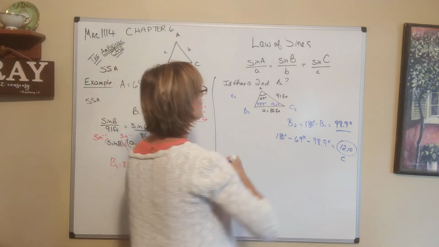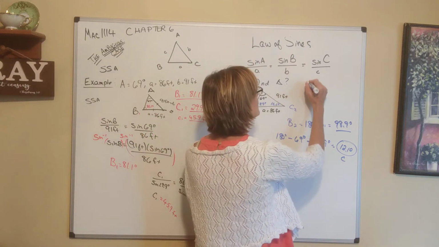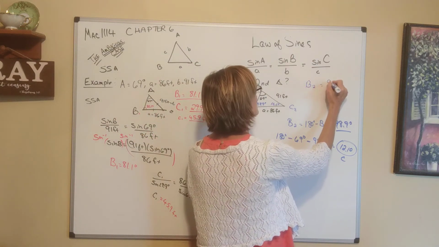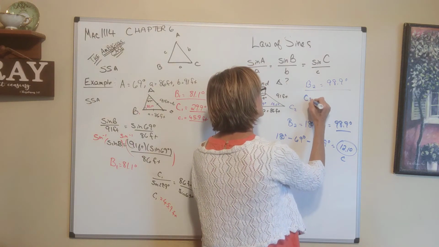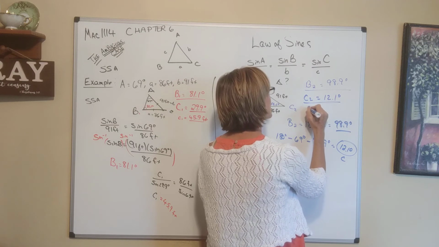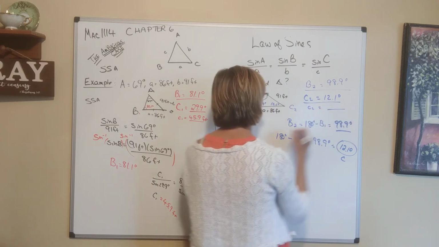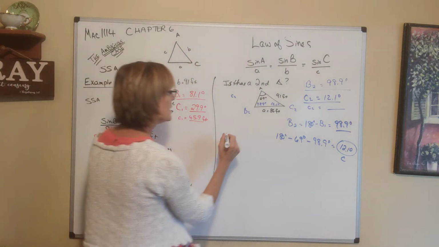We needed to discover what B2 was. We figured that out. B2 was 98.9 degrees. We needed to know what C2 was. We figured that out as 12.1 degrees. The only thing left is to find little c2. Let's do the same thing that we did over here. Use law of sines.